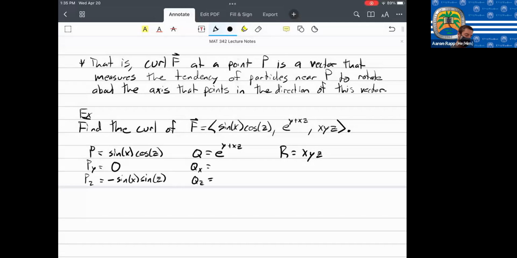So what is the partial with respect to x of e to the y plus xz?